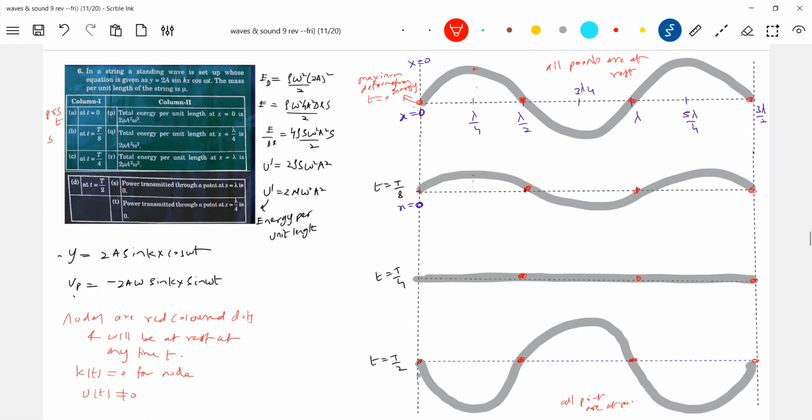What about power transmitted through a point at x equal to lambda by 4 is 0? How will the force be acting here? The velocity will be directed vertically down. And how will the force be acting on this element?